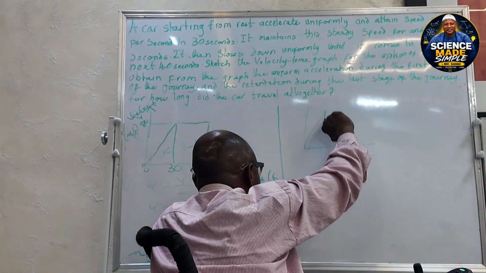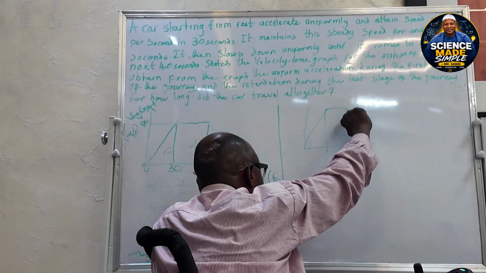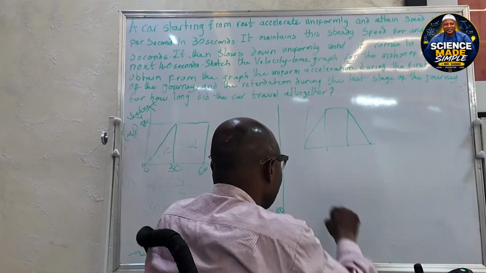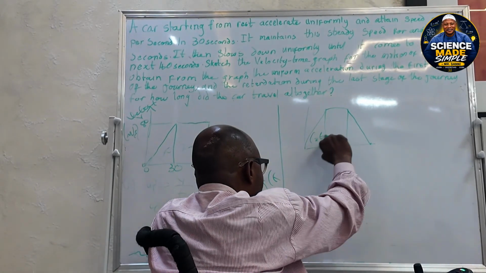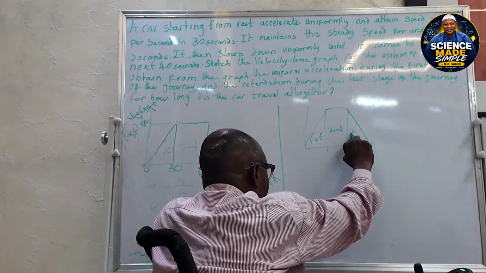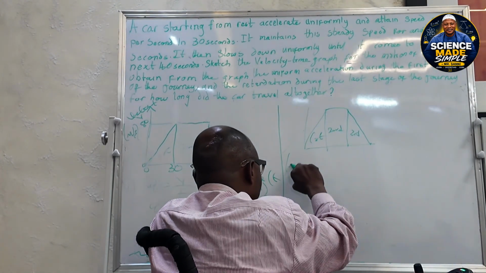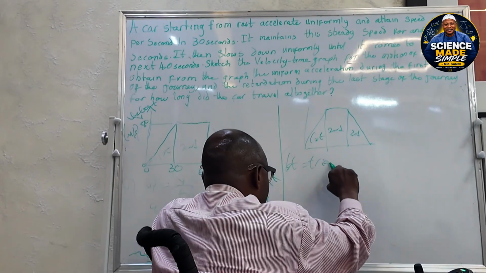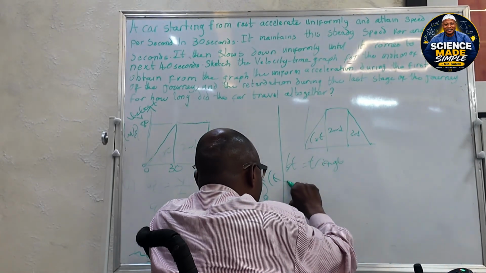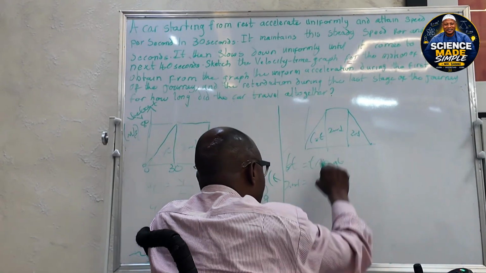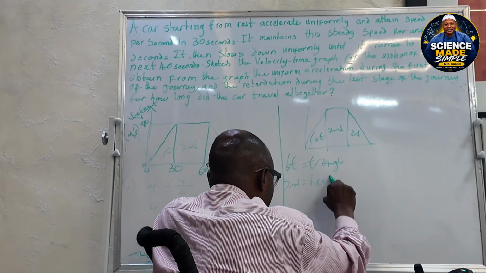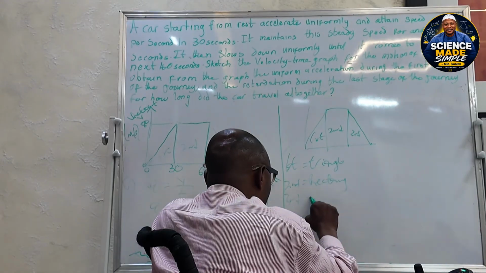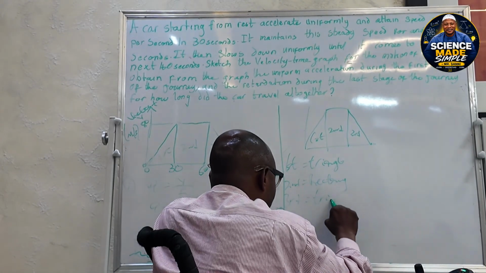The first one like this, the second one like this, and the third one like this. The first stage looks like a triangle, the second stage looks like a rectangle, and the last stage looks like a triangle again.